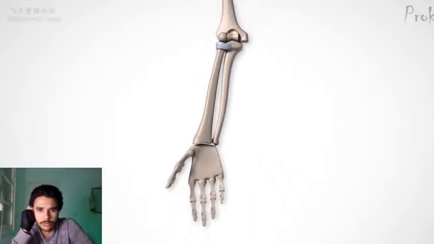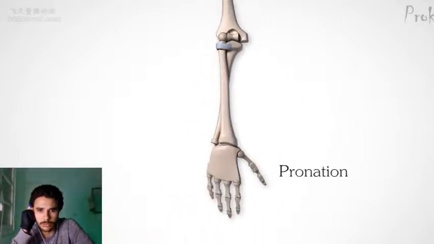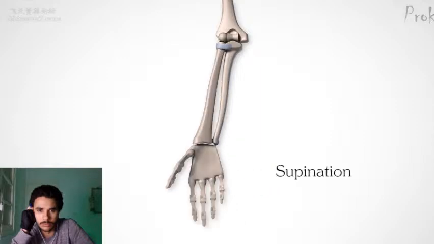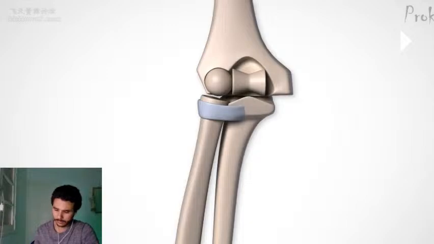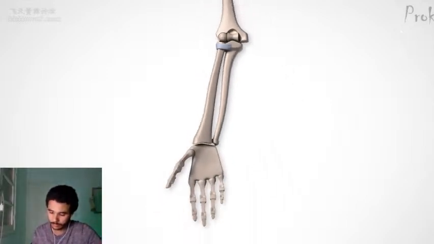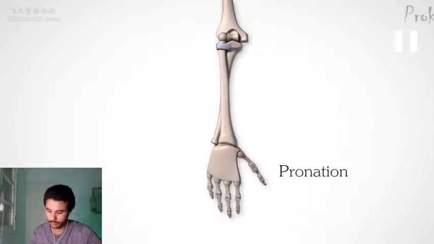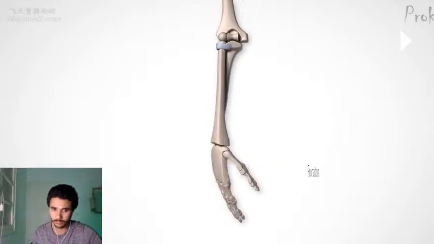The result on the forearm is what we call pronation and supination.